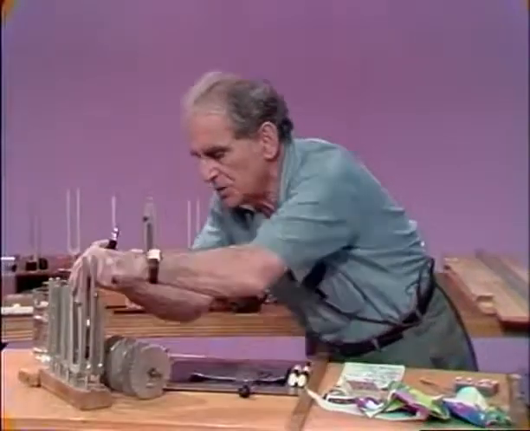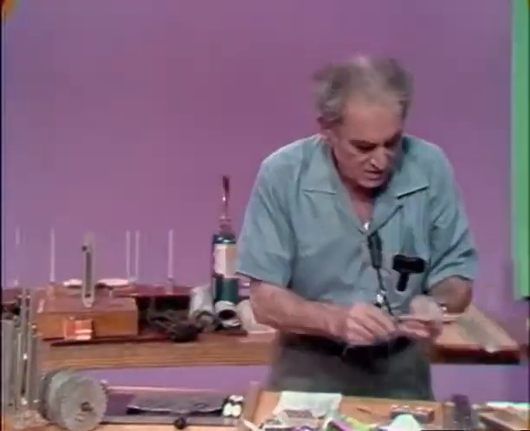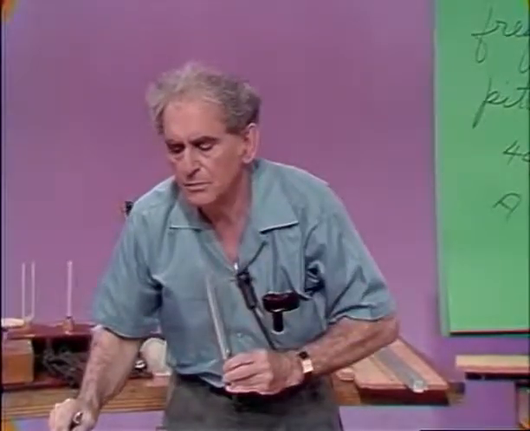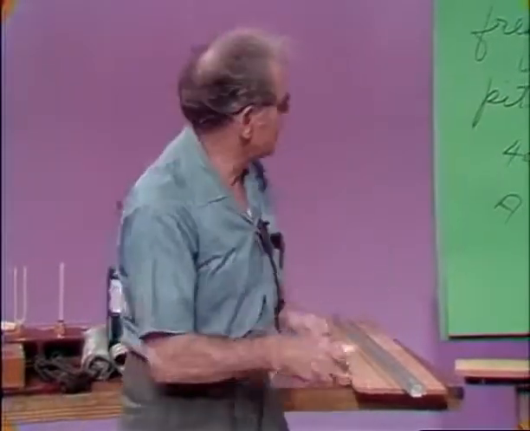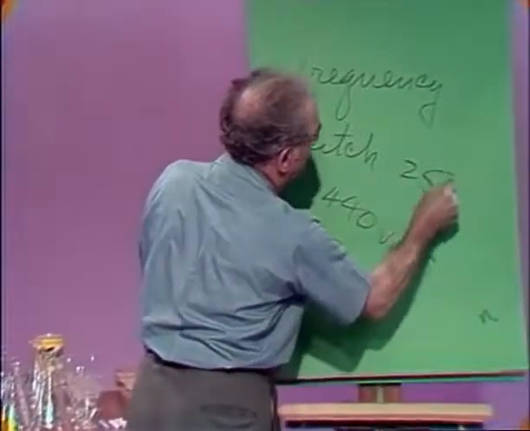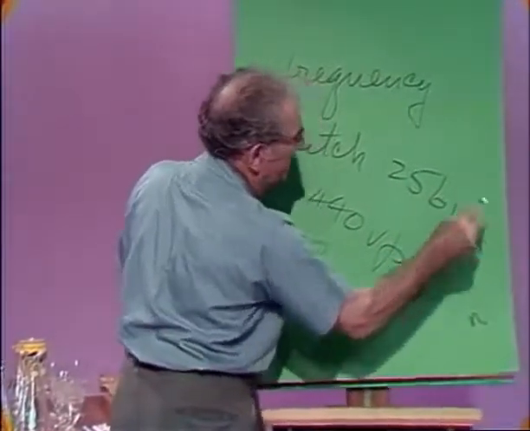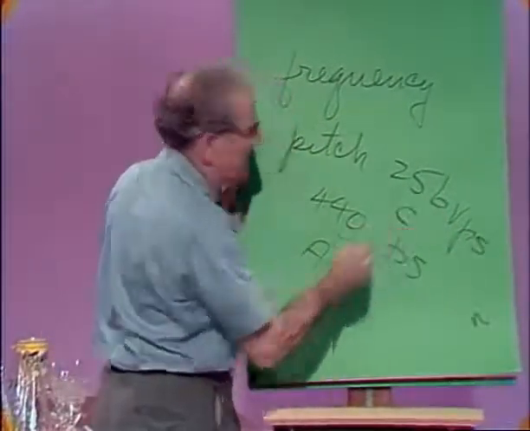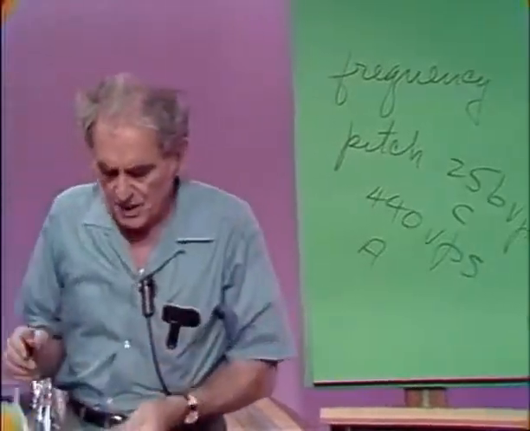I will strike a tuning fork, quite like so. That is vibrating 256 vibrations per second, and we call that middle C. So, the mechanical behavior of a vibrating system, we call its frequency, and what emerges acoustically, we call the pitch.